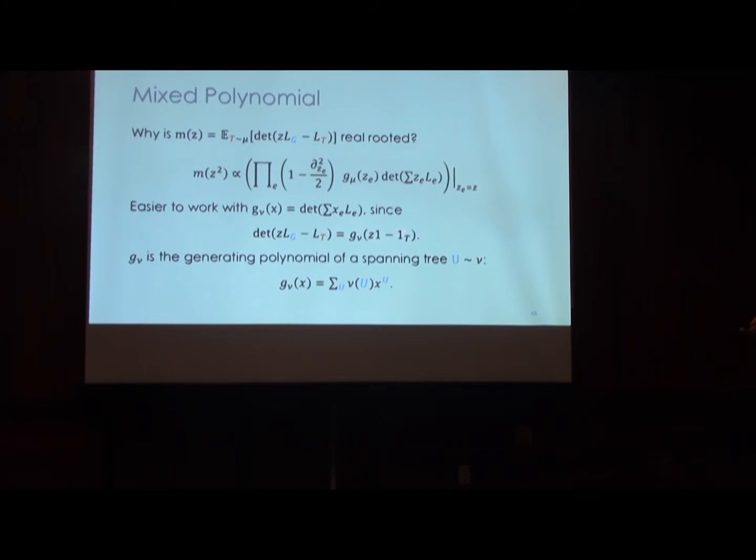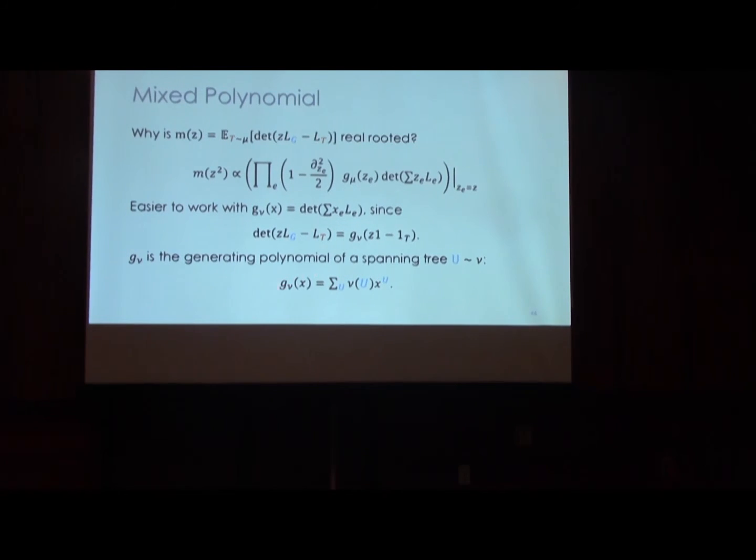And from the minus the indicator of the set T, you would get the minus LT. So this determinant is just this, right? So I'm starting from this mixed polynomial going forward.